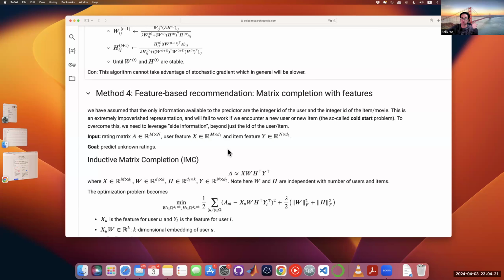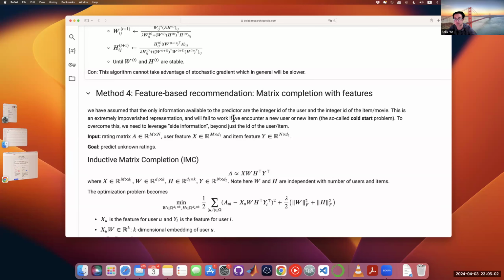Here we assume the only information that we have is the integer ID of the user and the integer ID of the movie. This is a very bad representation, because think about it: you already have all the data, the matrix. But if you want to have a new item, new things coming, that means you actually have to redo it. So this is really, really bad.